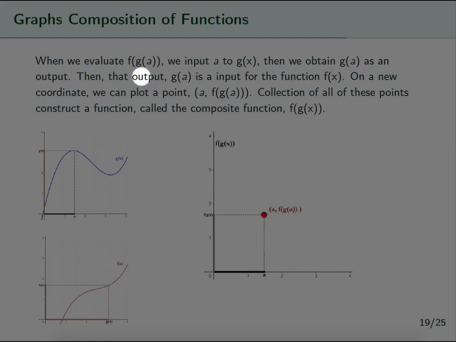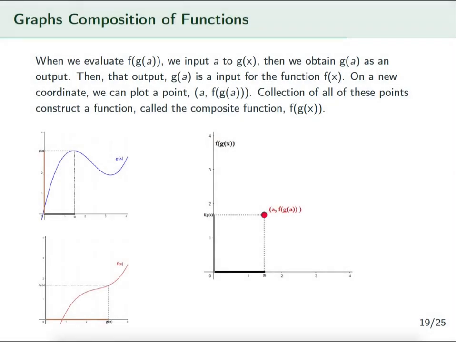Then this output, g of a, is an input for function f of x. So on a new coordinate, we can plot the point a comma f of g of a. And the collection of all these points construct a composite function, f of g of x. So this is the process of composite function when we're thinking about it in terms of graphs.